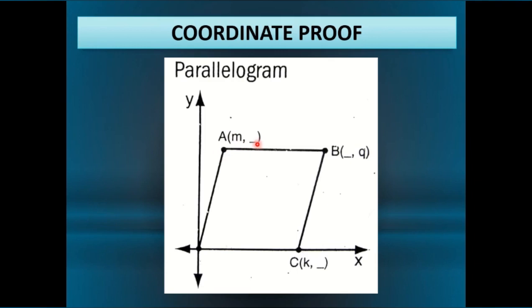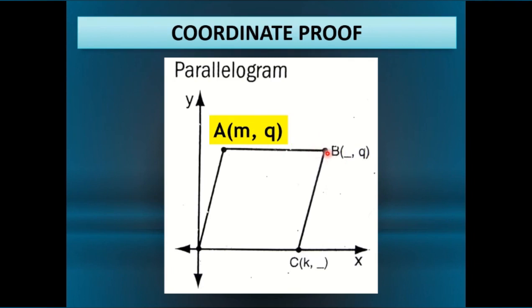Since we form a horizontal line, point A and point B will have the same y coordinate, and the y coordinate of point B is q, so we'll have here point A with coordinates m, q.